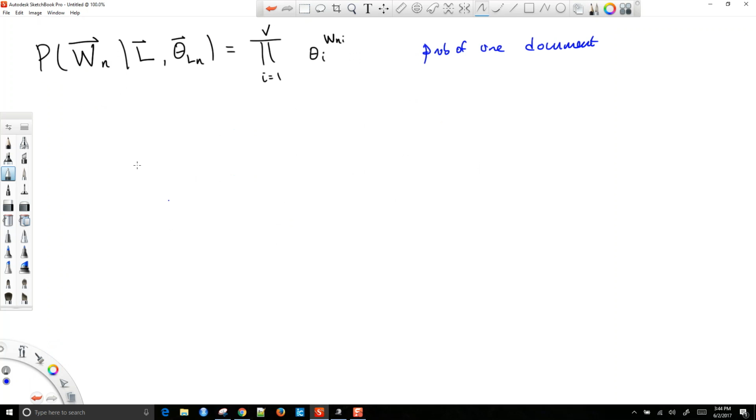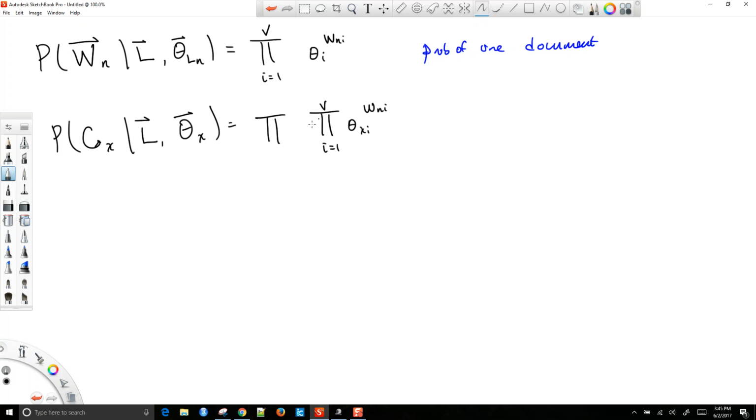And now the probability of all the documents, the corpus X given L and the theta for that, is going to be basically the product of all of these things. So I have the product of theta sub x sub i raised to the W sub n sub i, from i equals 1 to V, and this is for all documents in the corpus.